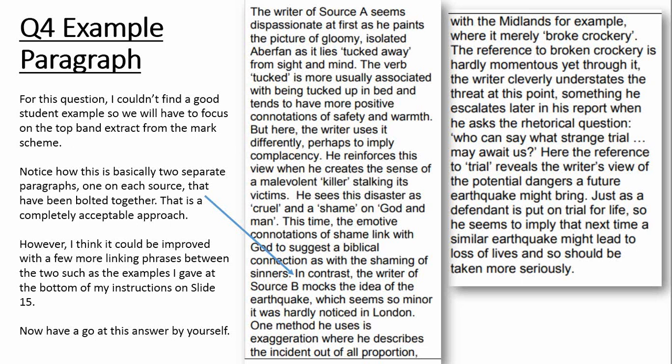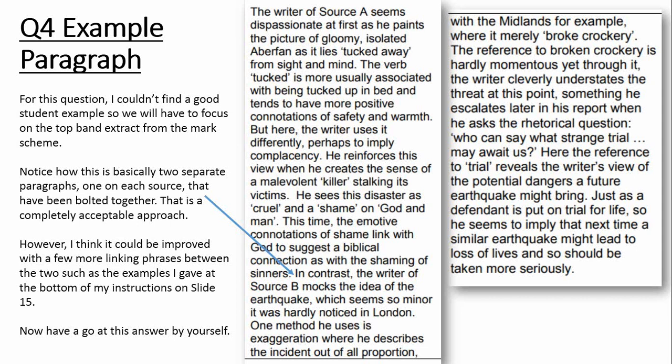Now, one thing that's worth mentioning here is notice how this is basically two separate paragraphs, one on each source, that have been bolted together, which, as I said, is a completely acceptable approach. And you'll see where the blue arrow points, that's where the writer stops talking about the first source and begins talking about the second source.